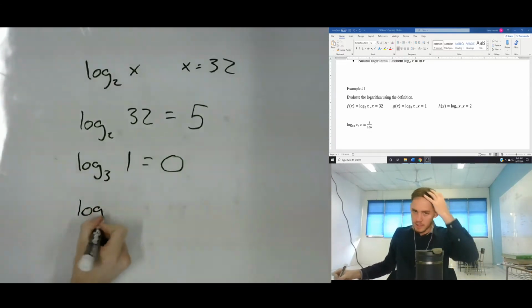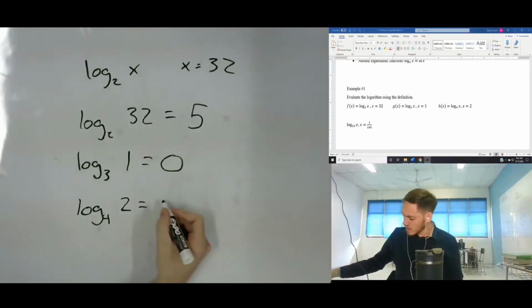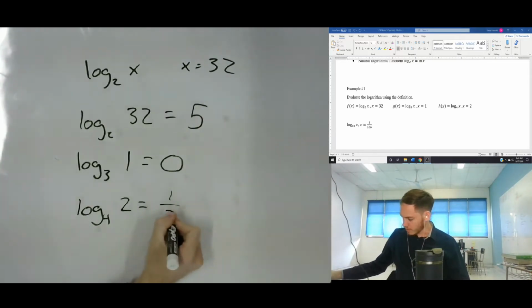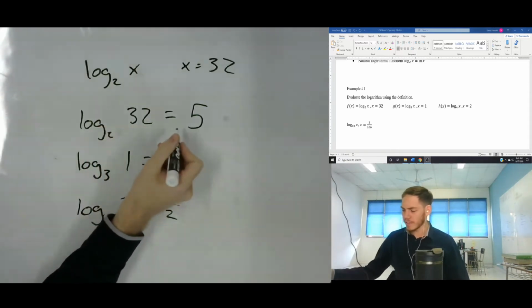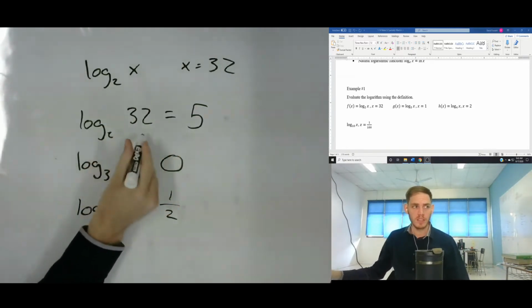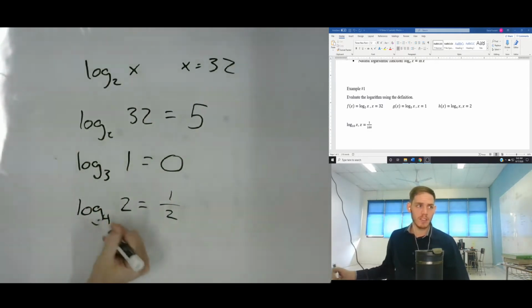And log base 4 of 2 is the same thing as 1/2, the square root. So this is just the inverse of the exponent. So 2 to the 5 equals 32. 3 to the 0 equals 1. 4 to the 1/2 equals 2.